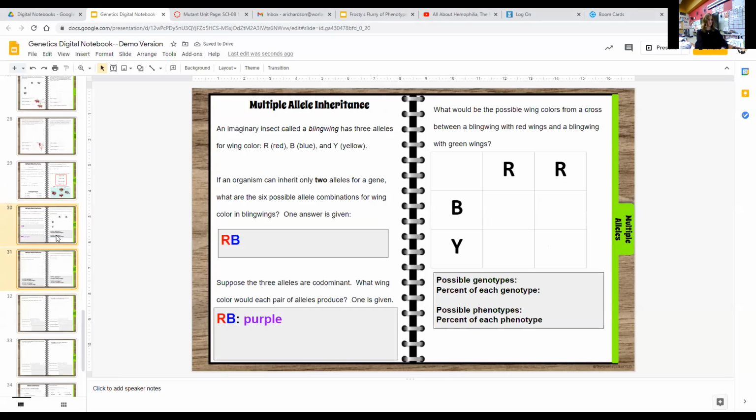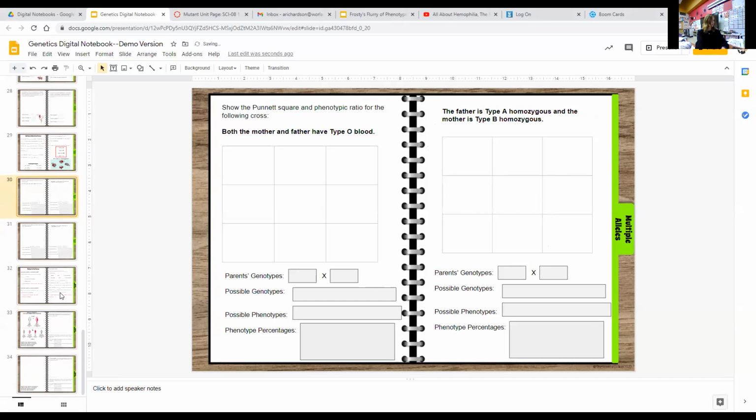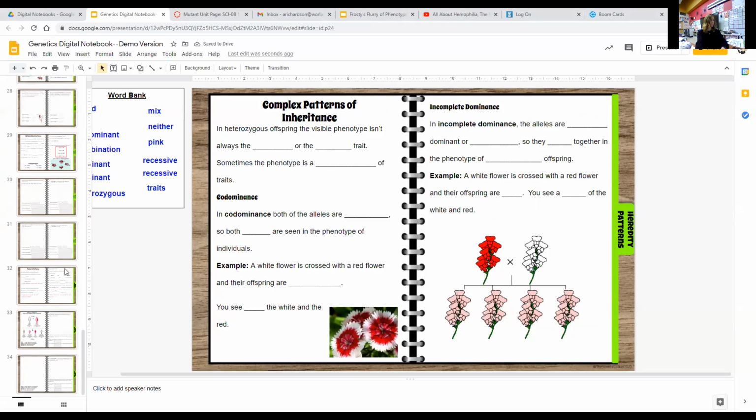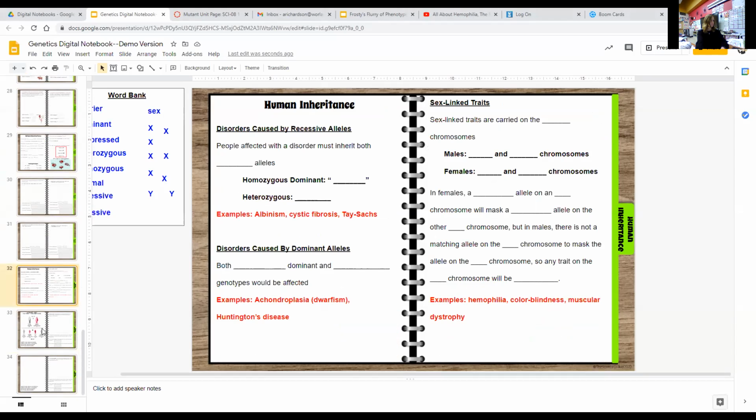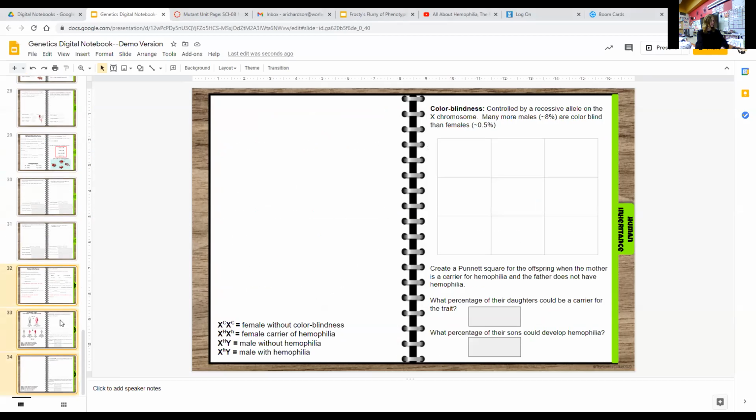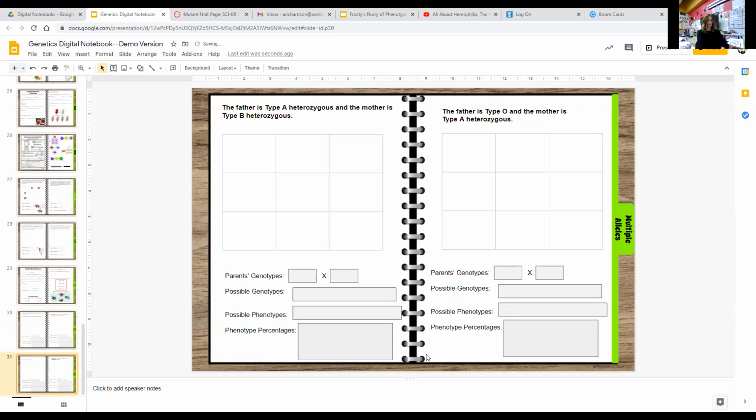Delete those two pages. We're also going to delete 32 through 34. We're not going to have time to get into those before the end of the quarter.